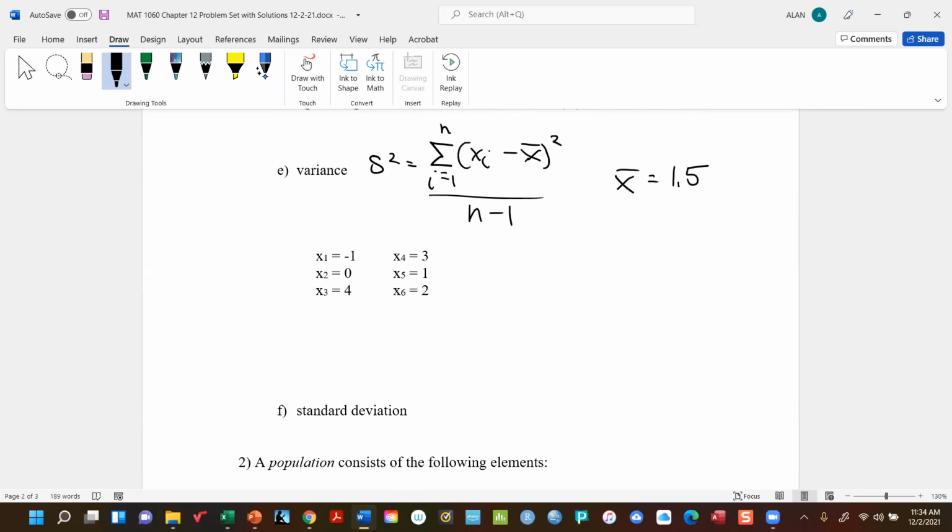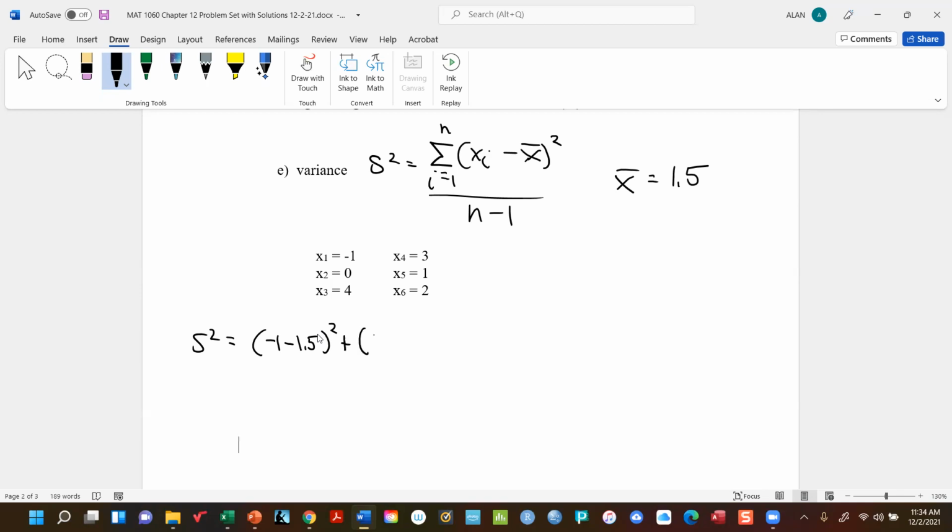All right, so here's what we're going to do. And by the way, again, in this case, we do not have to bother sorting the data. So I'm starting with x1 minus x bar squared. Then I go to x2 minus x bar squared.